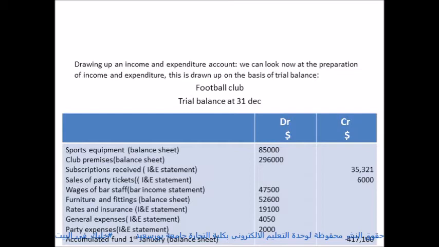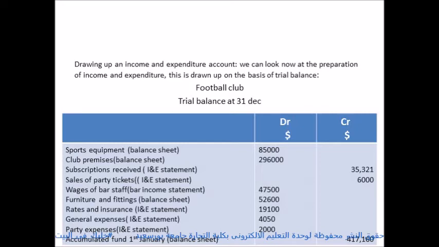Subscriptions received, revenue, income and expenditure statement, 35,321. Sales of party tickets, income and expenditure statement, 6,000. Wages of bar staff, bar income statement, 47,500. First we have balance sheet and income and expenditure statement for the whole club, and wages of bar, which is for a special purpose. It will have a bar income statement, a special statement for the bar.